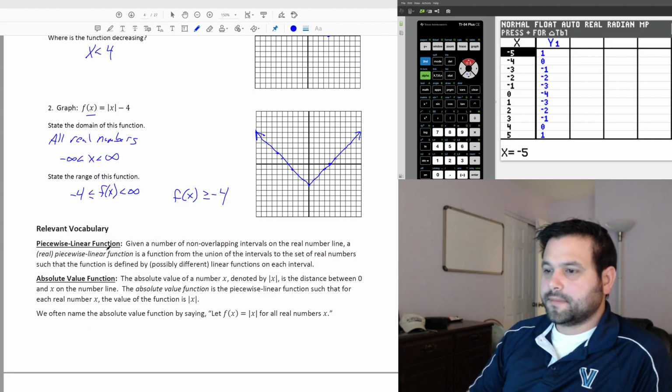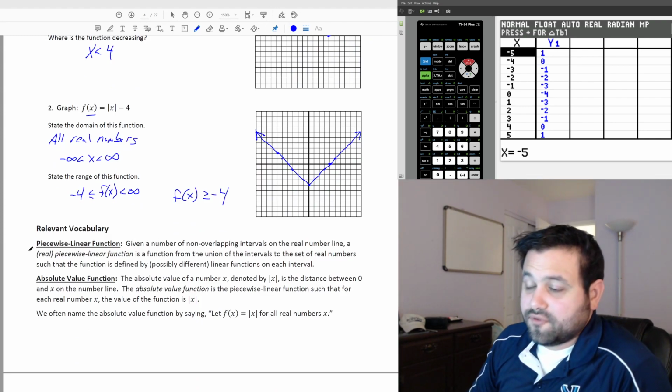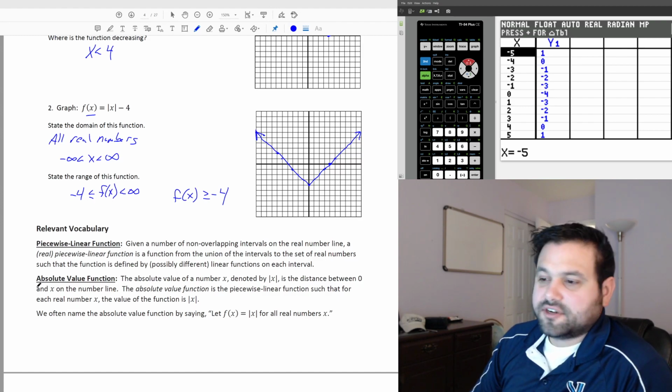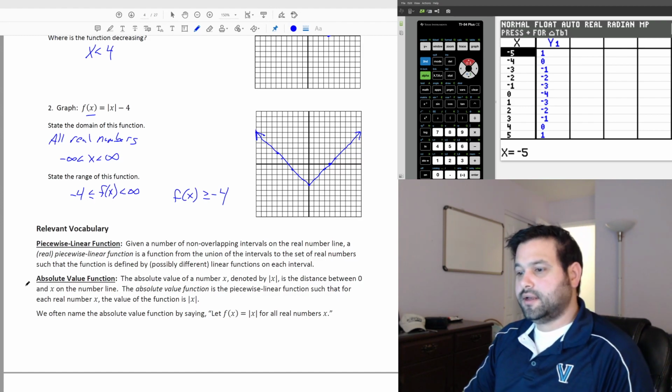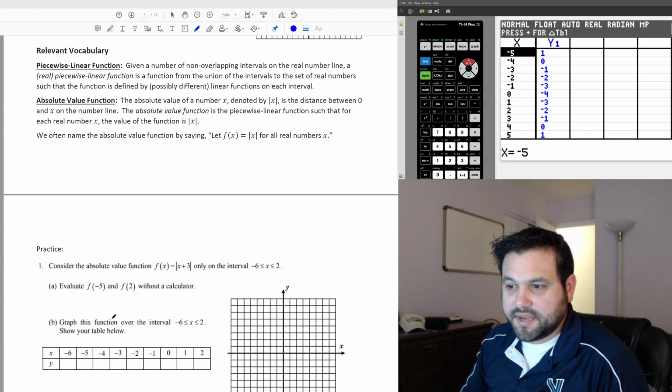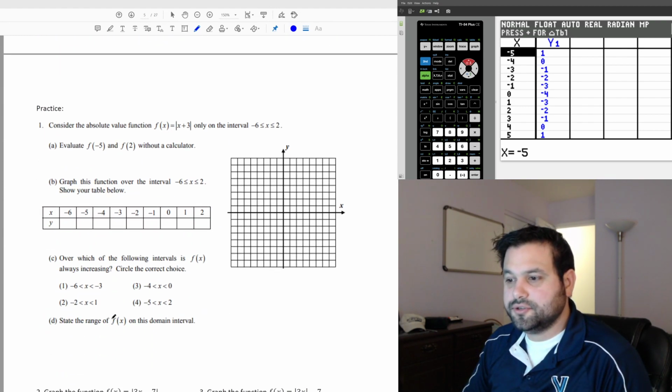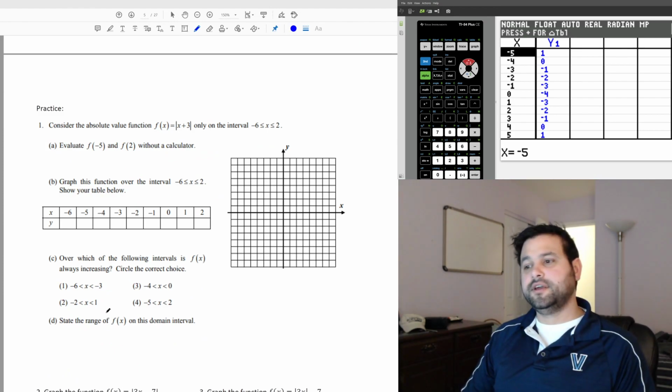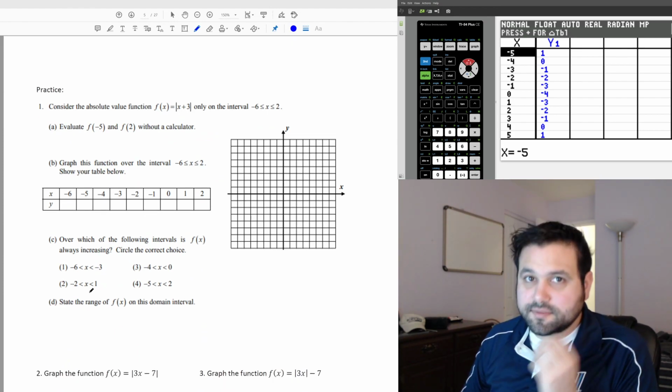So here's some relevant vocabulary talking about piecewise functions and absolute value functions. Next page would be practice, so I would ask you to go ahead and pause this video, try to work through these problems.